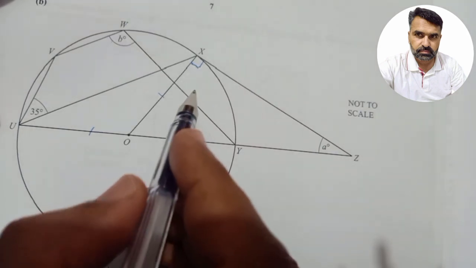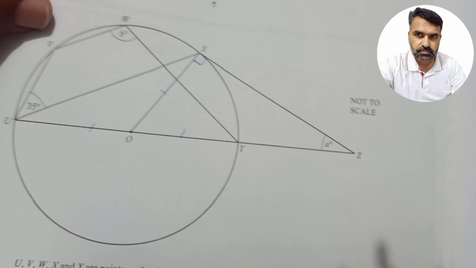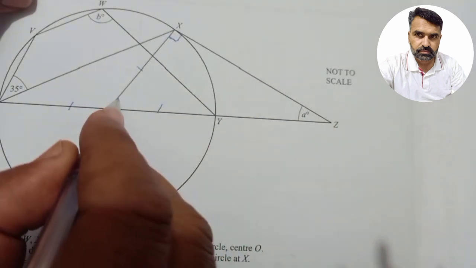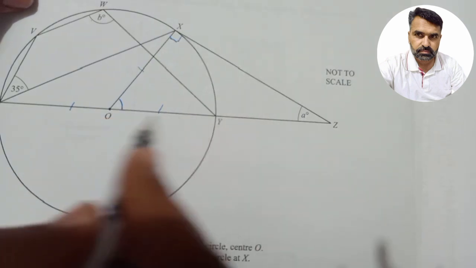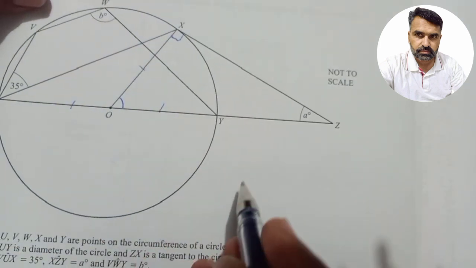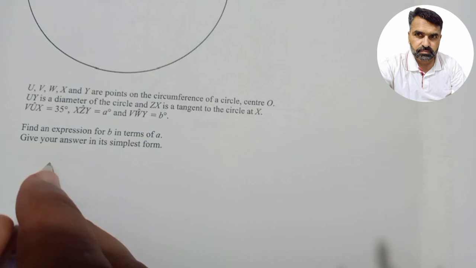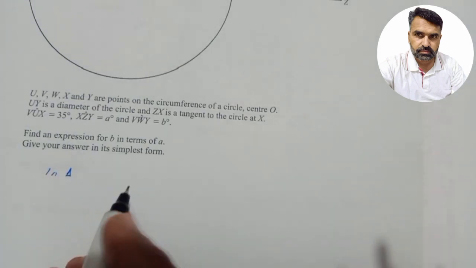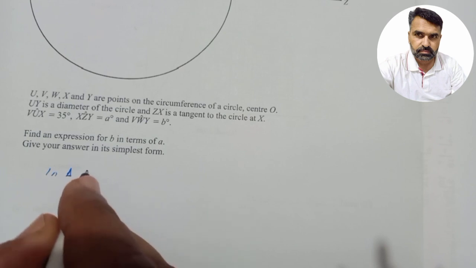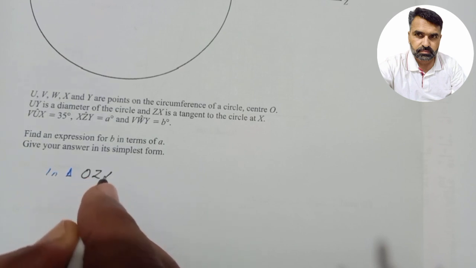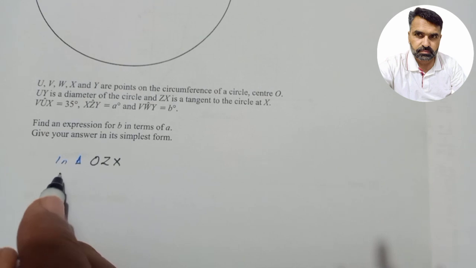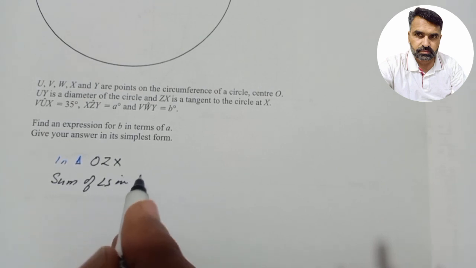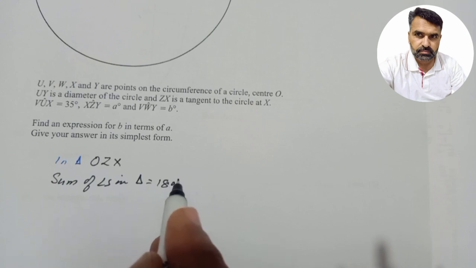Now students, first we will discuss triangle OXY and find the value of this angle YOX. So students, I will write here, in triangle OZX, sum of angles in a triangle is equal to 180 degrees.